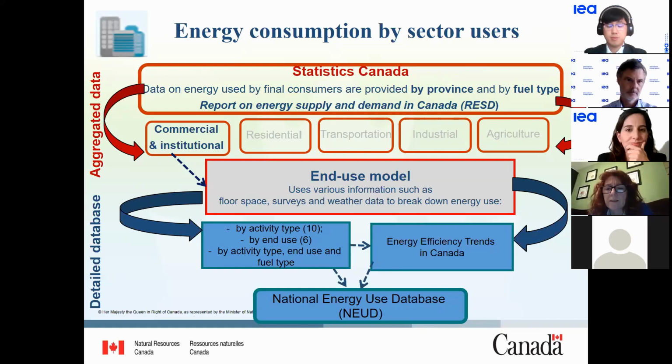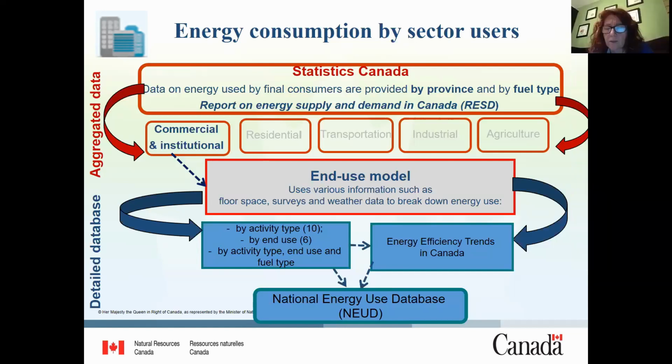So when we receive the data, we have our own end-use model, which was developed for the Office of Energy Efficiency to do modeling on energy use in all sectors. This model is very specific to this use.